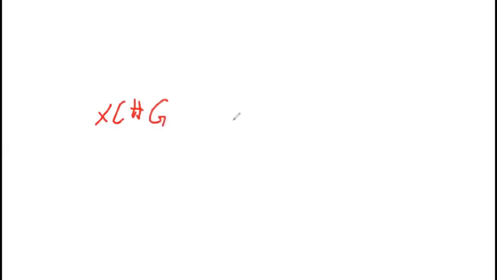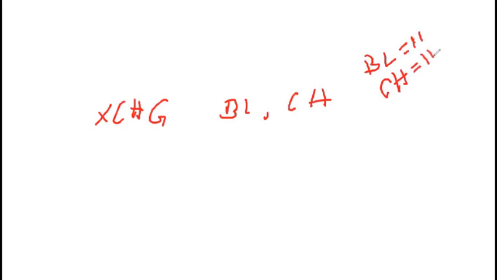Exchange, XCHG. This is the exchange. I'm going to write it like BL, CH. Does it make sense? I'm going to give the value 11 for BL and 1D for CH.